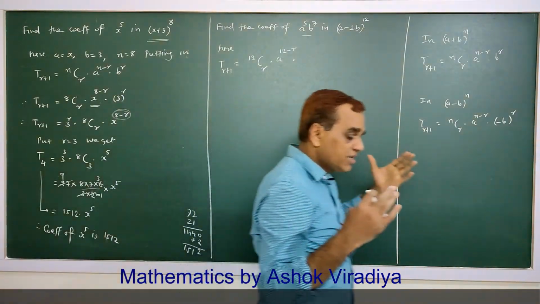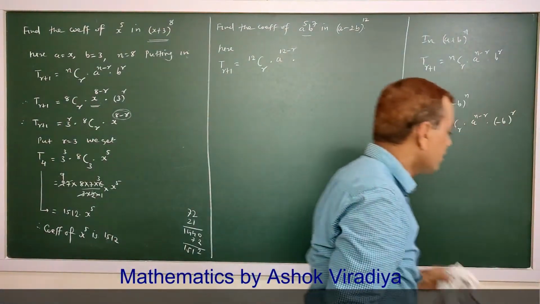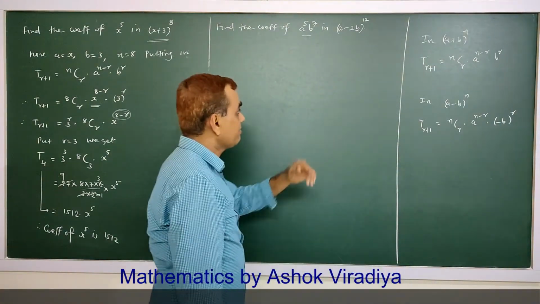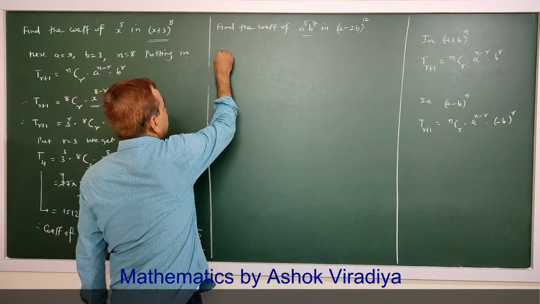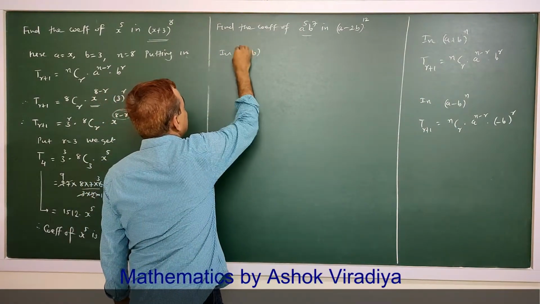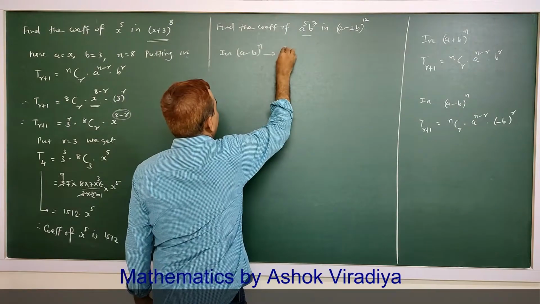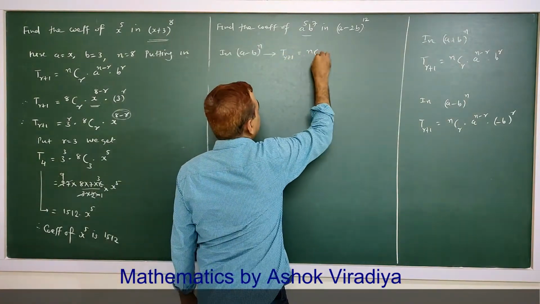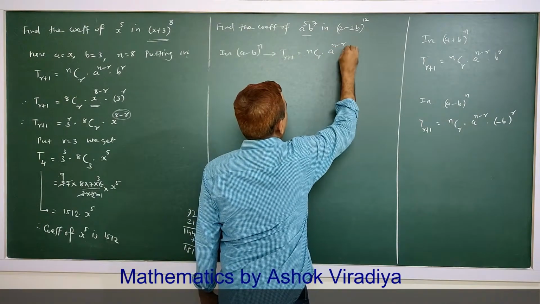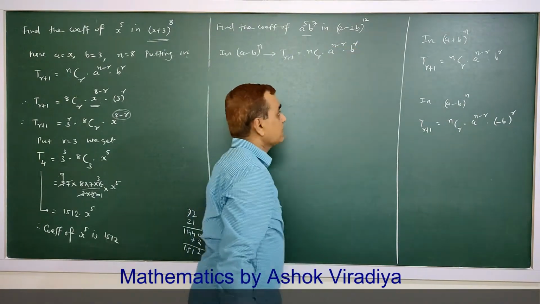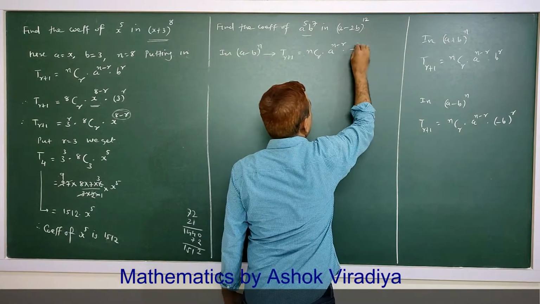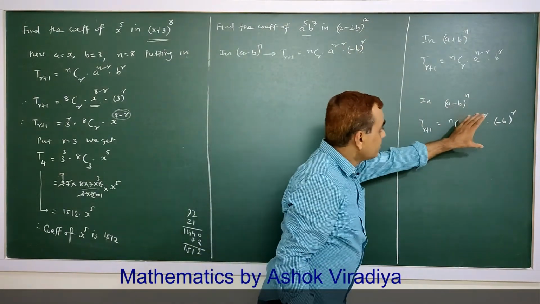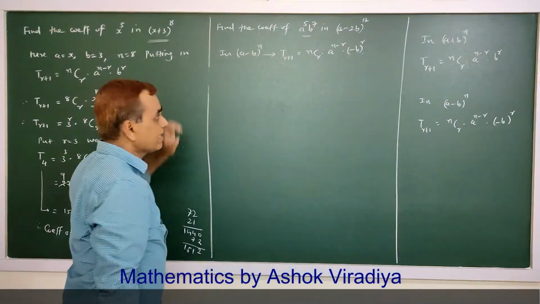If we show this in detail, first of all I am putting here the formula that in (a minus b) raised to n, the formula for the r plus 1th term is nCr a raised to n minus r, minus b raised to r. So I have copied this statement in the beginning.